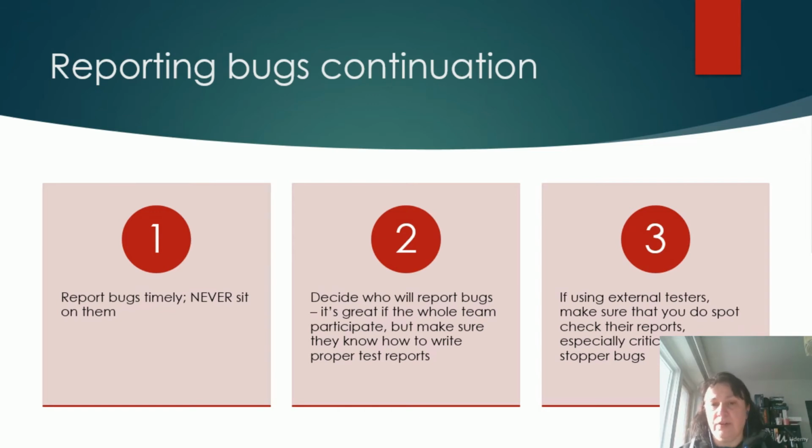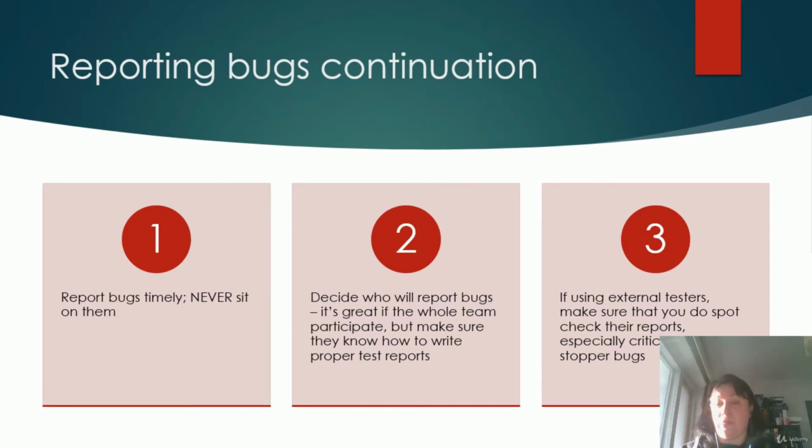And if you're using any external testers, make sure that you always do checks on their reports. You don't necessarily have to check everything all the time, but do spot checks, and especially check the critical bugs or blockers, because in my experience it very often happens that it's misunderstood.